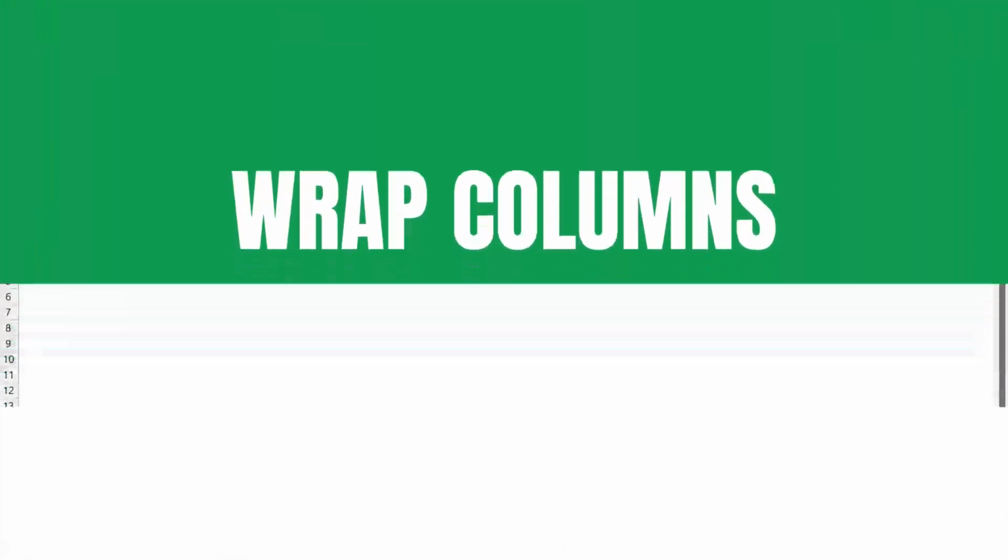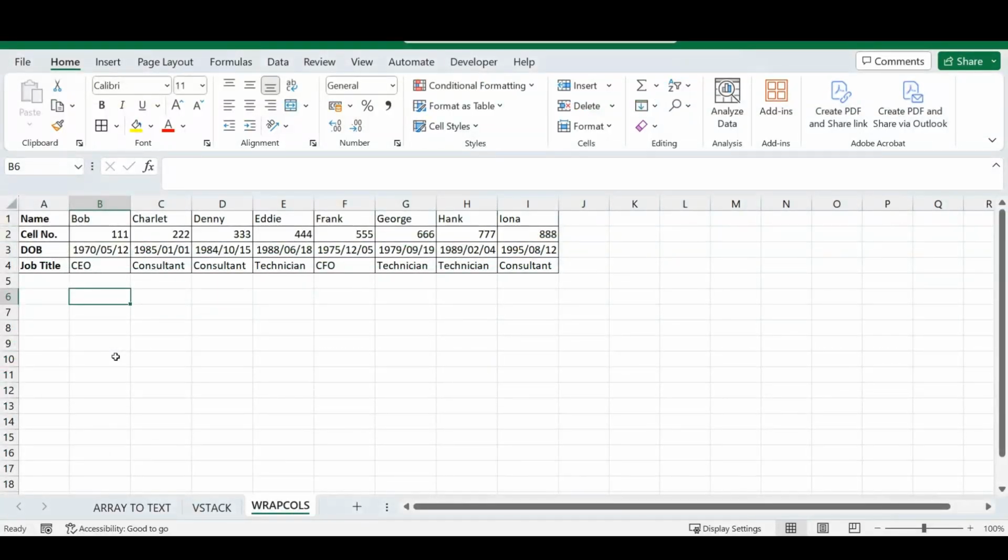So our next function that we are going to discuss is the WRAPCOLS function that you can use. This is a great function when you want to extract something specific from a table or from a data set. As you can see, I just set up this plain and simple example for you here.